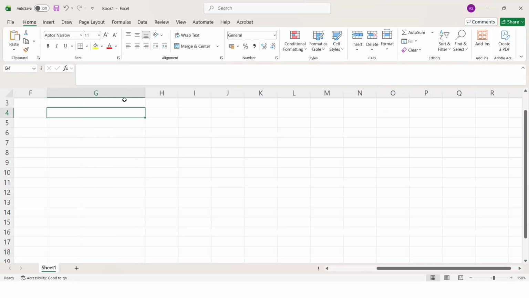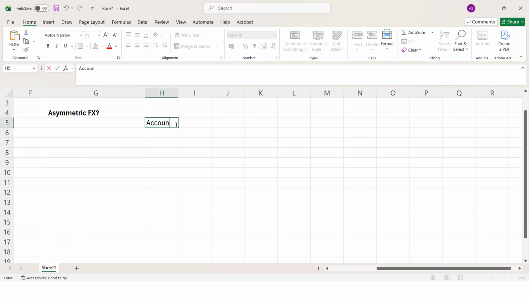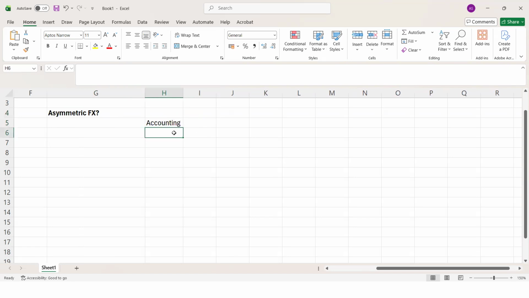So what is an asymmetric foreign currency gain? Not FC. Basically, this problem arises when, for accounting purposes, you have one currency, let's say GBP, and tax filing is done in another currency.